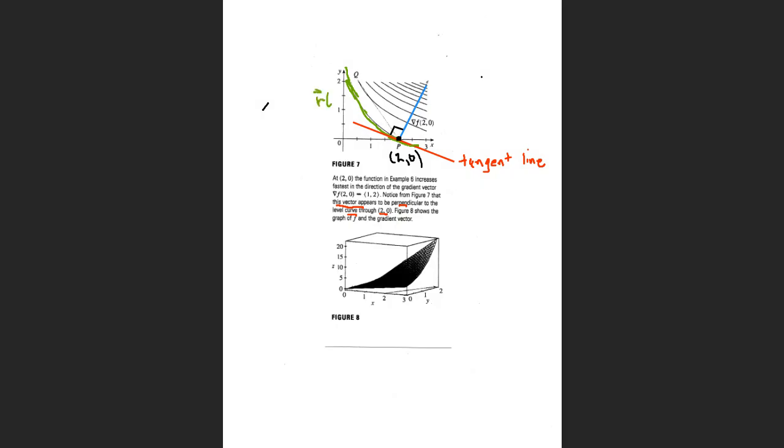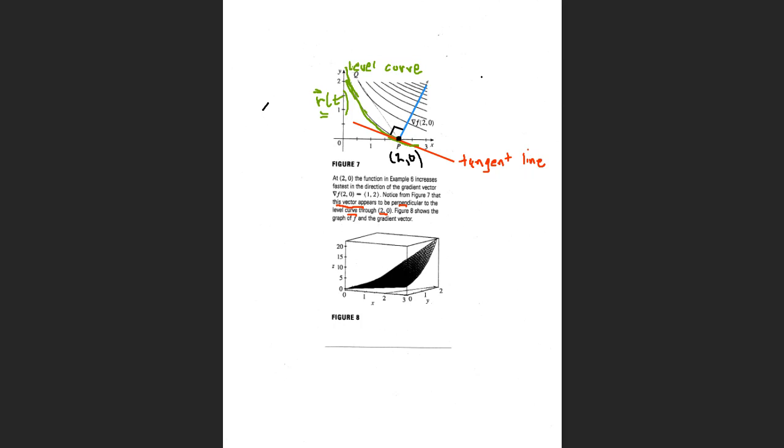Remember this level curve, which I've drawn in green. Notice it's also a space curve. And a space curve, you can draw with a vector function r of t.